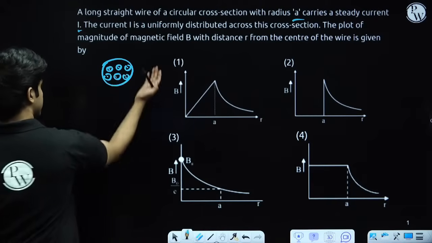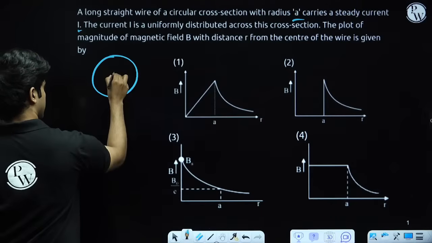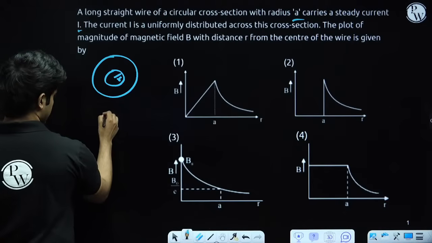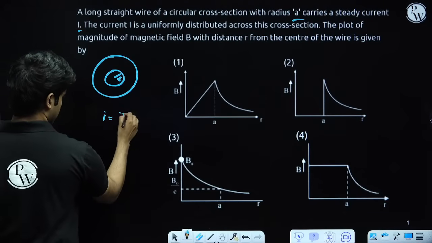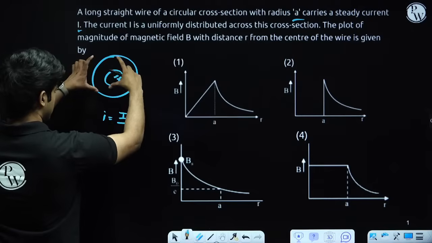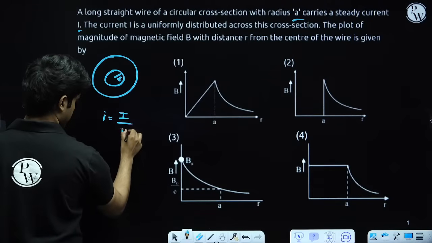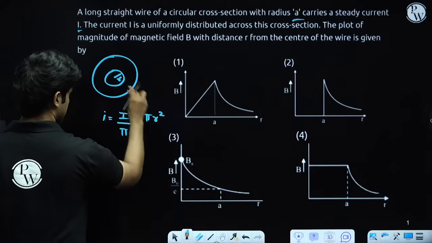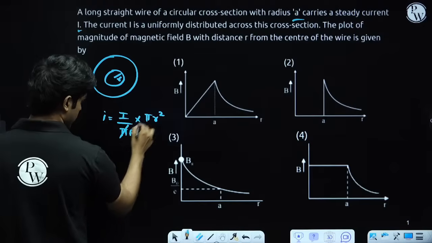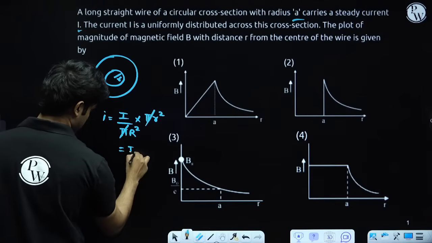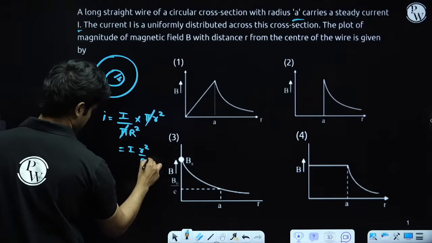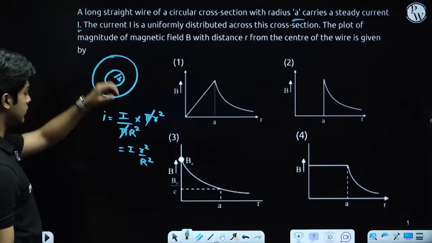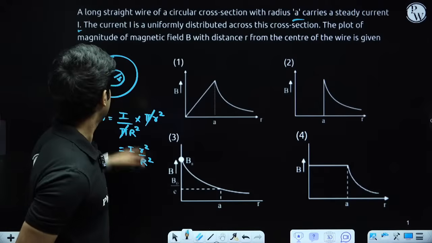If I want the current in some smaller radius, that small current is the total current I divided by the total cross sectional area of the cylinder, pi R square, times the small circle's cross sectional area, pi small r square, by ratio and proportion. So this will be I small r square by capital R square, for the current coming through a small r radius cross section.